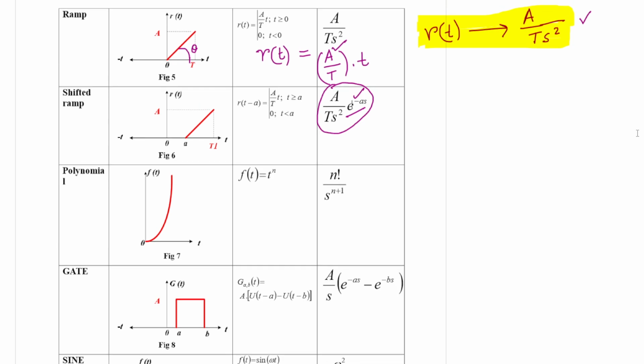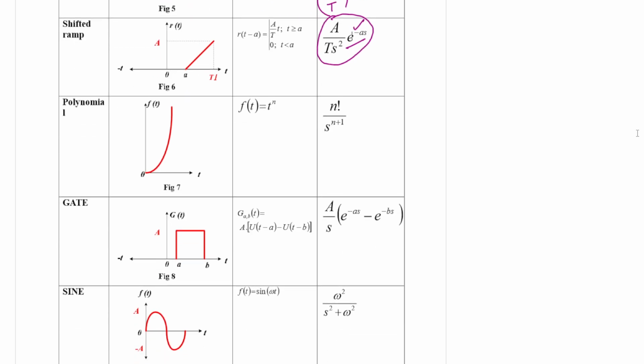Now the next is the polynomial. A polynomial is represented by any function with some higher order n, like 2, 3, 4 and so on. For that type of function, its Laplace transform becomes n factorial divided by s to the power n plus 1. So this is the Laplace transform of any polynomial function.